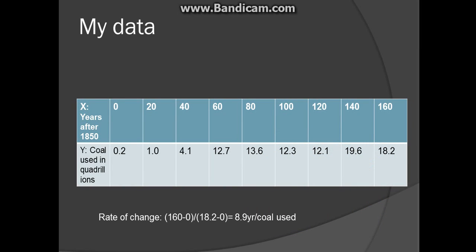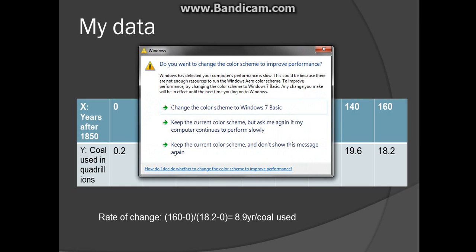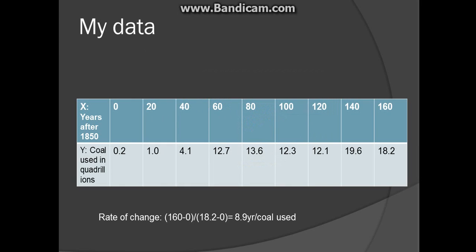This is my data. As you can see, in my X values, we start in the year 1850 and we increase it 20 years after that for each one. So it's 20, 40, 60, 80, 100 years after 1850. The reason why I never used 1870, 1890, or 2000 was because if I tried plugging those into my calculator, I'd only get back errors, numbers too large, or it wouldn't work with most of my regressions.